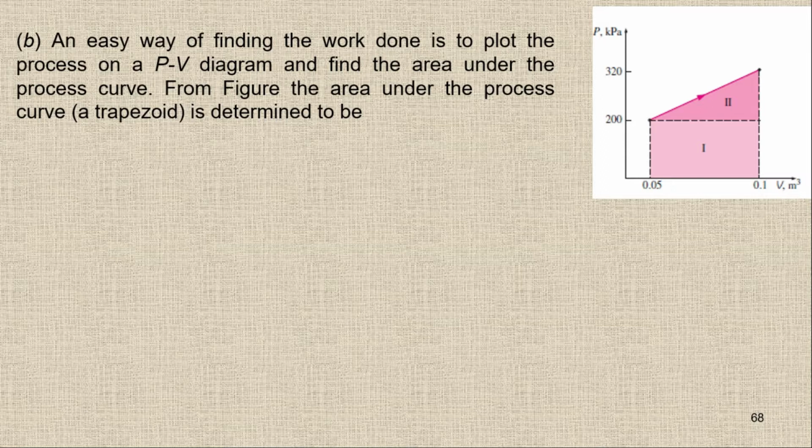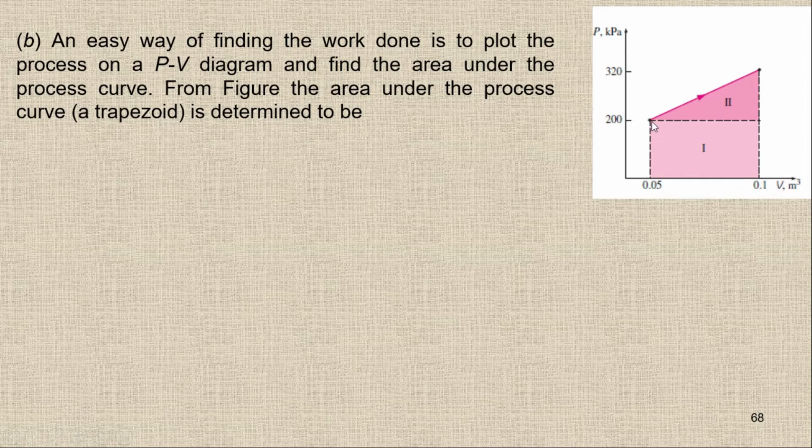Right now, as you can see here, we have a trapezoid. With the help of this trapezoid, we can find the area under this curve, or we can find the area separately for section 1 and section 2. If I divide it into two different sections, we have a rectangle with a height of 200 kilopascal, and the volume goes from 0.05 to 0.1, so this difference is simply 0.05.